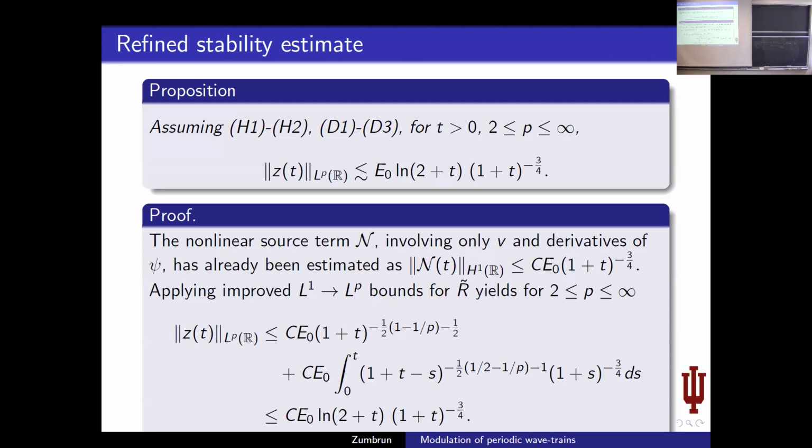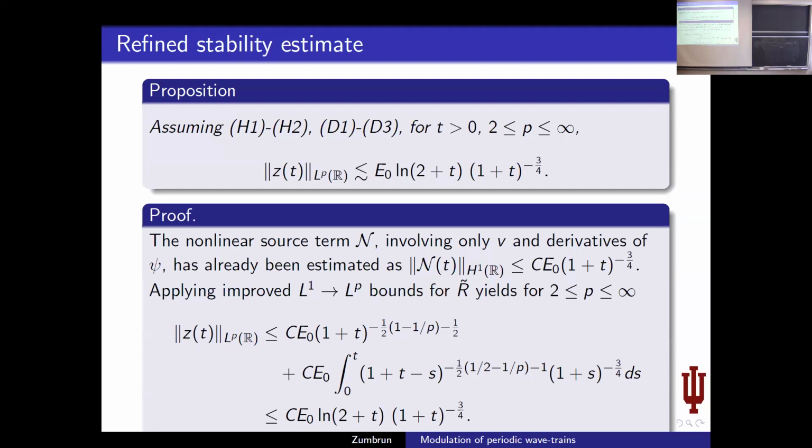Here is the same decay rate: it's a derivative of a heat kernel with T to the minus 1/2 extra decay, and then 1 plus S to the minus 3/4. That is just plugging in the source. The H1 norm is this.